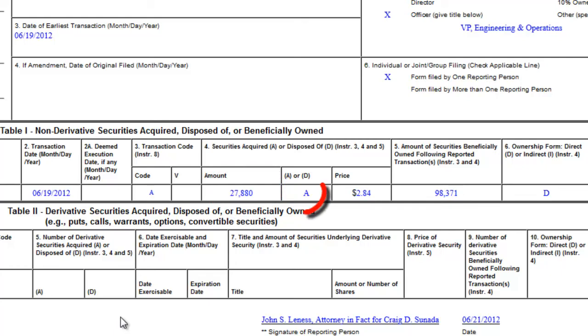And it was an acquisition. That's what A stands for. If it was D, it would be for disposition. The price that the person paid is $2.84. And after this transaction, this person owns a total of 98,371 shares.